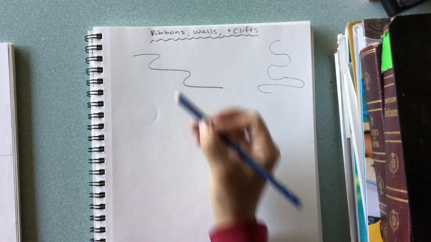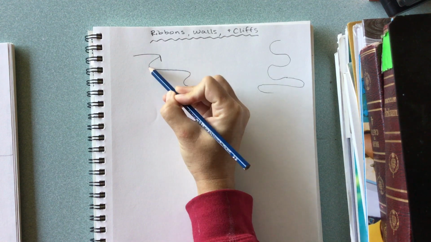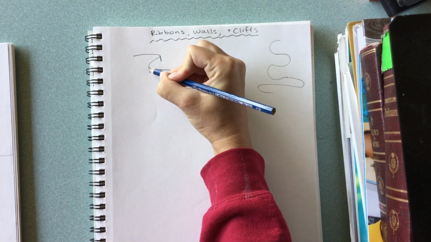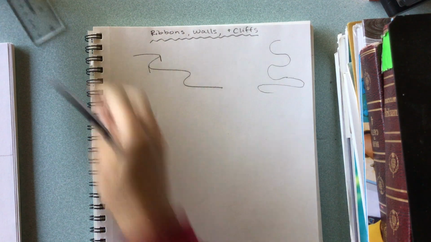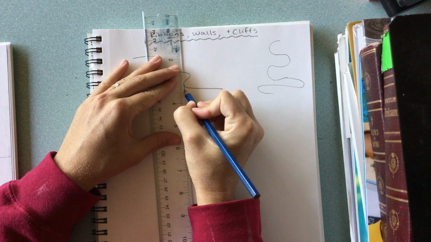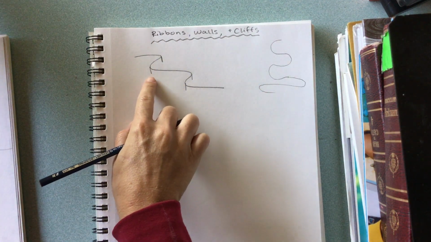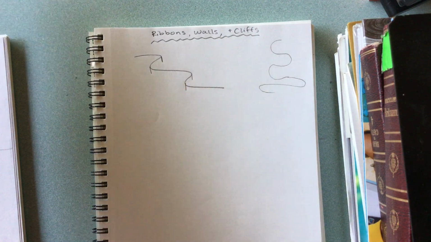Then from the outer edge of each curve, you're going to draw a line straight down. You could just freehand this if you really want to be super neat about it, you could use your ruler. But you're just drawing a short line coming down from each of the outer edges of the curve.